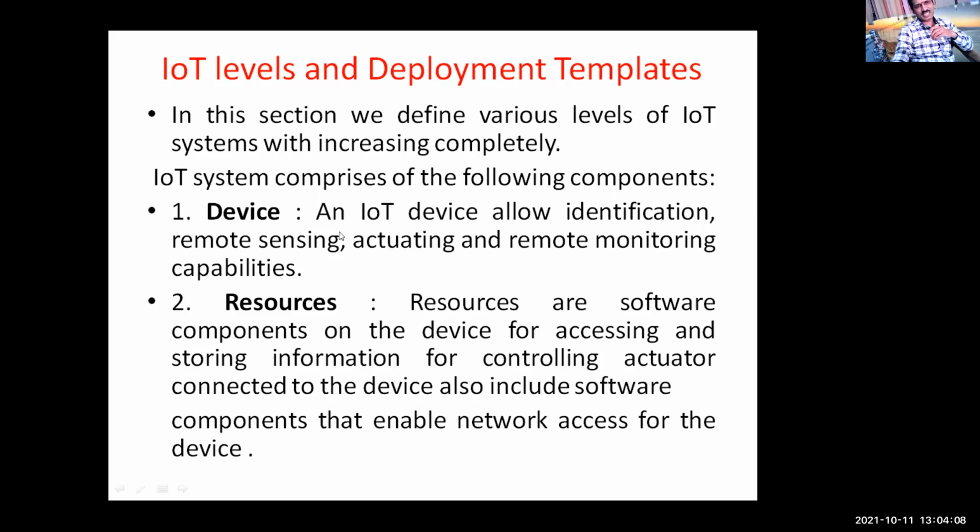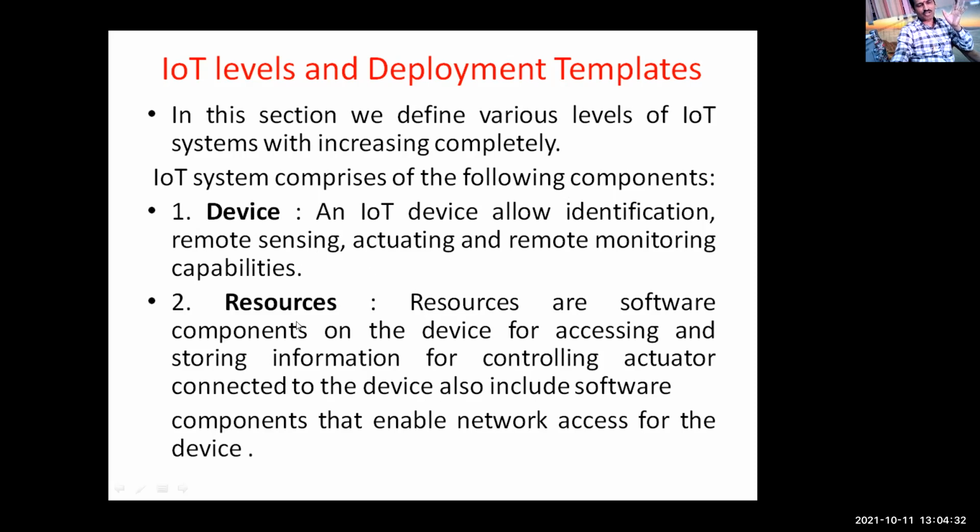A device is an IoT device that allows identification, monitoring, remote sensing, actuating, and remote monitoring capability. The device consists of an ID. Each device should have an ID. The device may have a sensor, and may actuate, and it is for monitoring. Okay, that is the device.